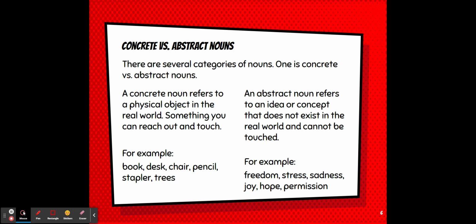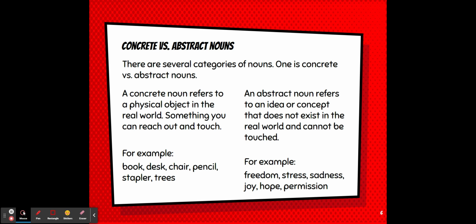An abstract noun refers to an idea or concept that does not exist in the real world, and therefore cannot be touched. So these examples could be freedom, stress, sadness, joy, hope, or permission.